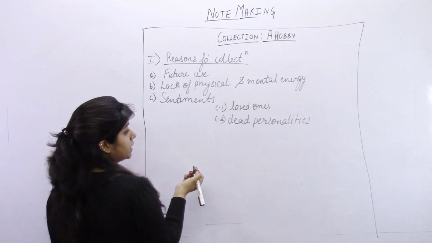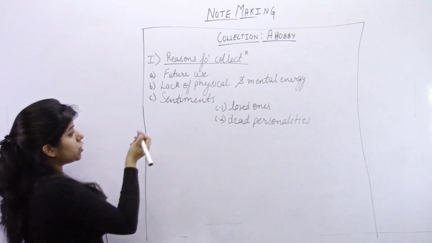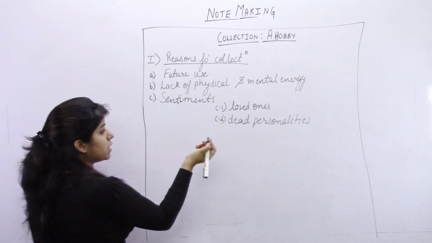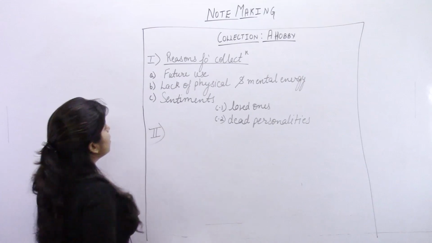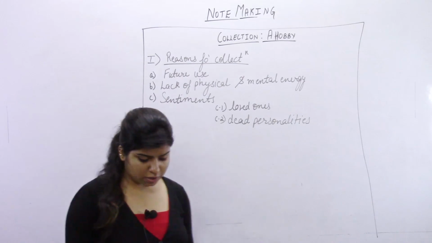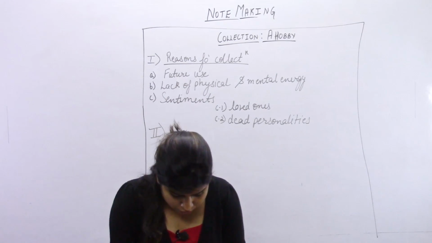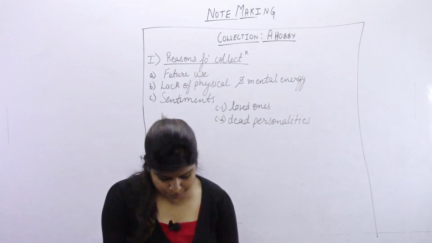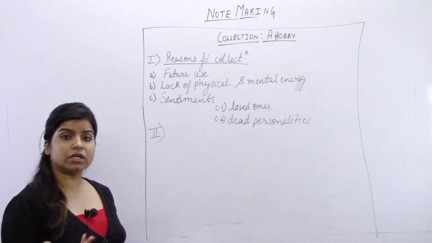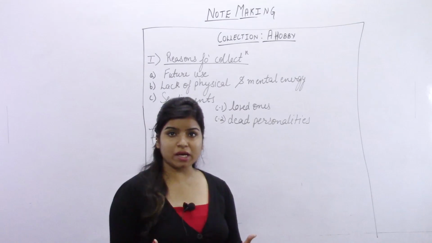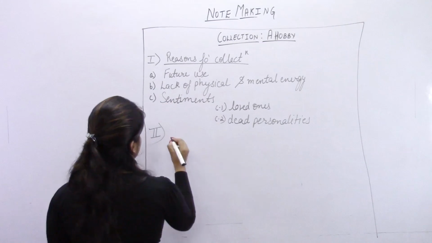And I must tell you, it's not compulsory every time to use subheadings. Without this also you can create your notes. For the second main reason, we'll go for the paragraphs again, and we'll find that it's a way of avoiding wastage.